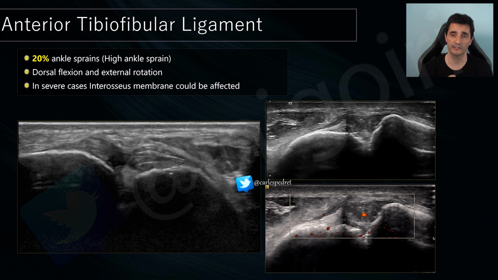Always check the anterior tibiofibular ligament, because it's a more severe injury. And don't forget to explore the patient and to perform your ultrasound evaluation according to this exploration. You can check everything, but you must be especially careful if you have a suspicion of some structure affected. Okay, you will be more specific and more sensitive in your explorations.